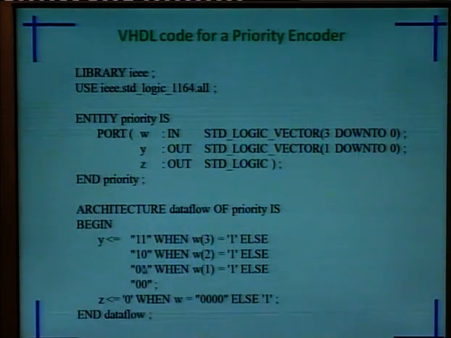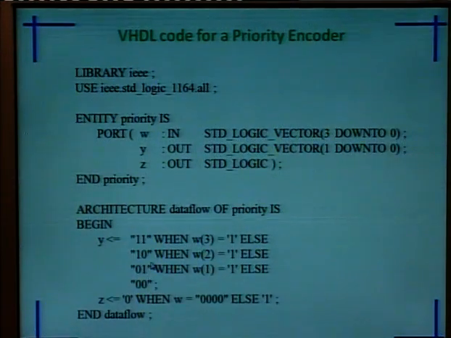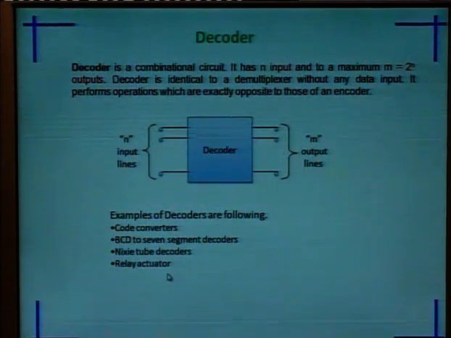Similarly, if we have 1 0, W2 is here. According to our truth table we have to write our architectural body, and we have to simulate and find out the function of the encoder.